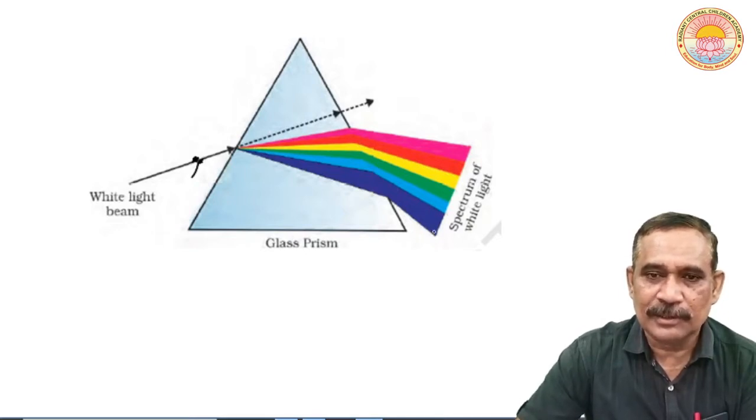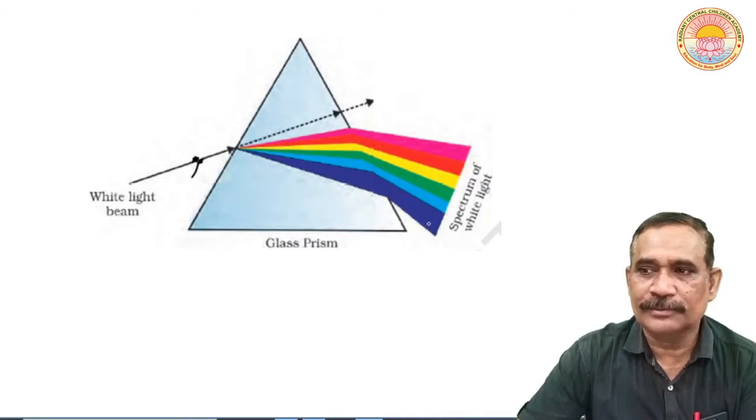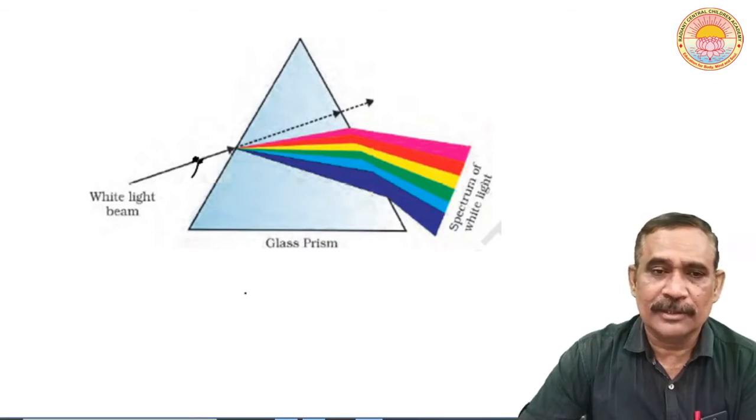It is denoted by the symbol VIBGYOR: violet, indigo, blue, green, yellow, orange and red.